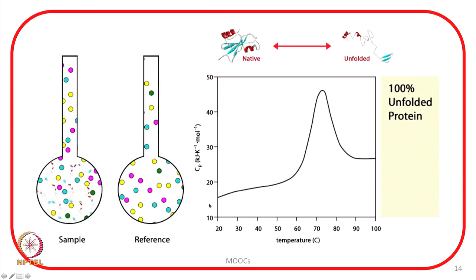What we have obtained is a heat capacity versus temperature curve, and we have to extract the thermodynamic information from this transition curve. Let us see how we get that information.